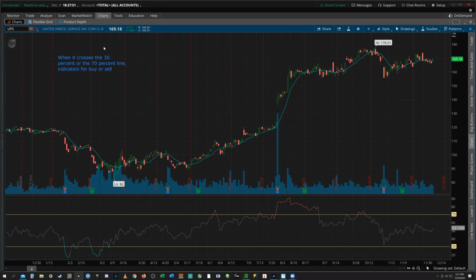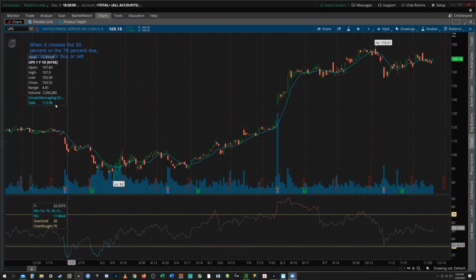You can change these. Now, there are some people that say, hey, this should actually be 40% and 60%, which actually makes sense too. But if we're just going on the basics, so if I were to look back, we're still at the 1 day. So I'm just going to look right here.